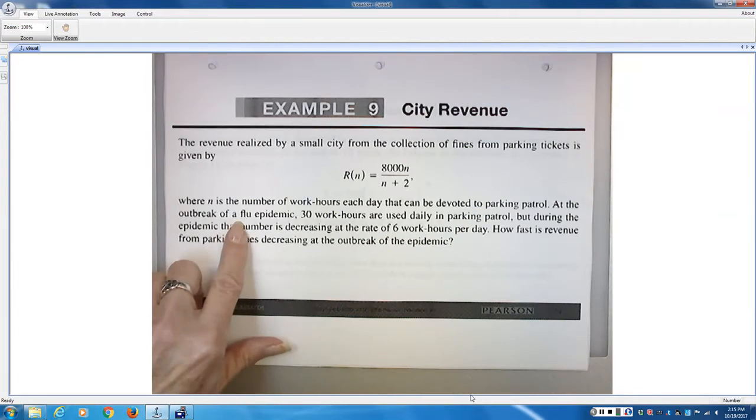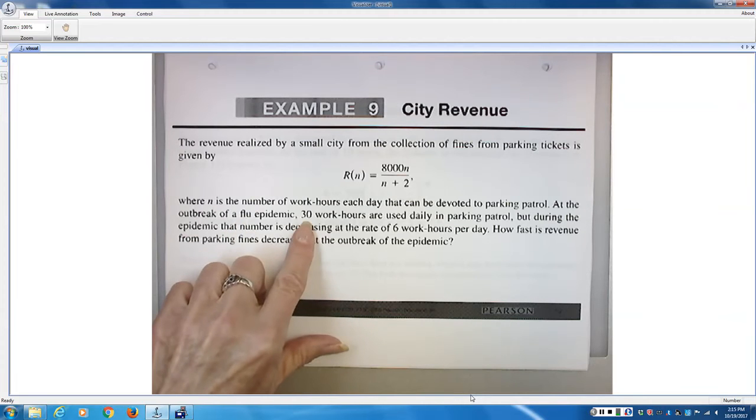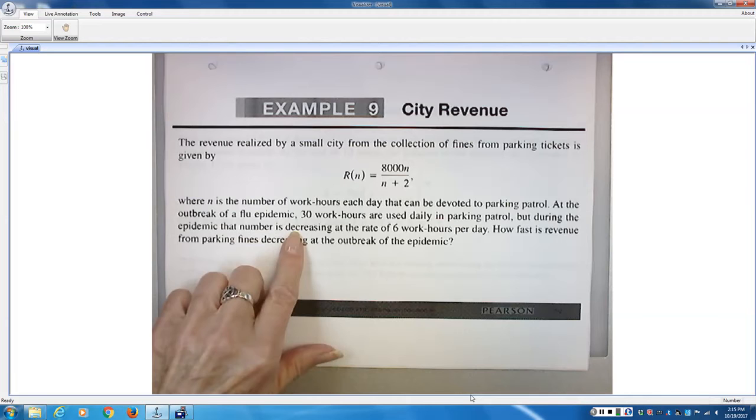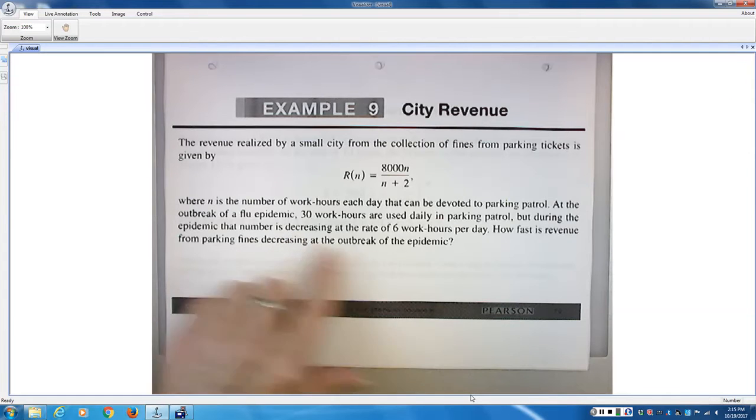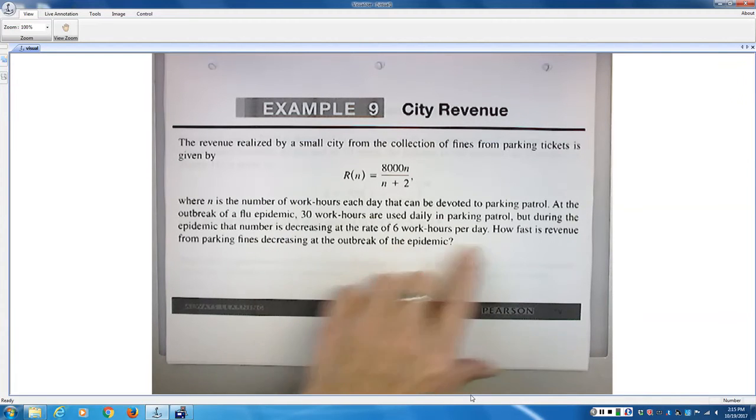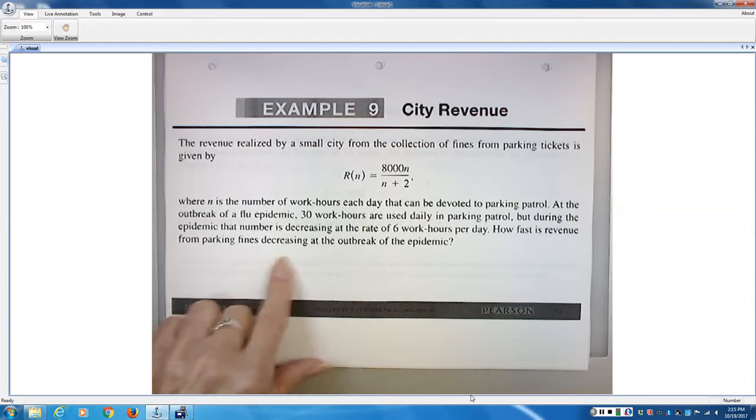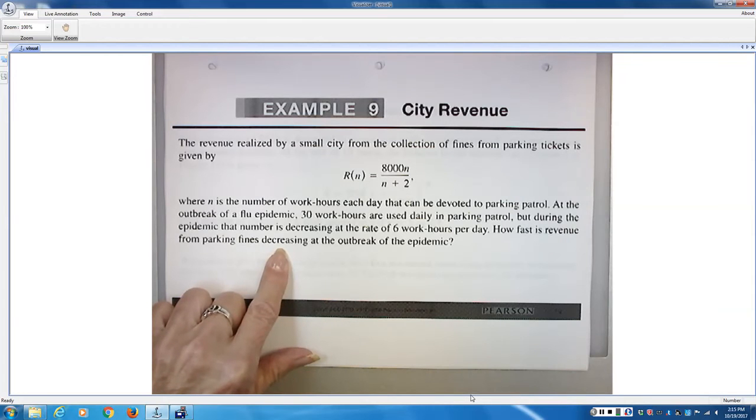It says at the outbreak of a flu epidemic, 30 work hours were used daily in parking patrol, but during the epidemic, the number is decreasing at the rate of 6 work hours a day. How fast is revenue from parking fines decreasing at the outbreak of the epidemic?